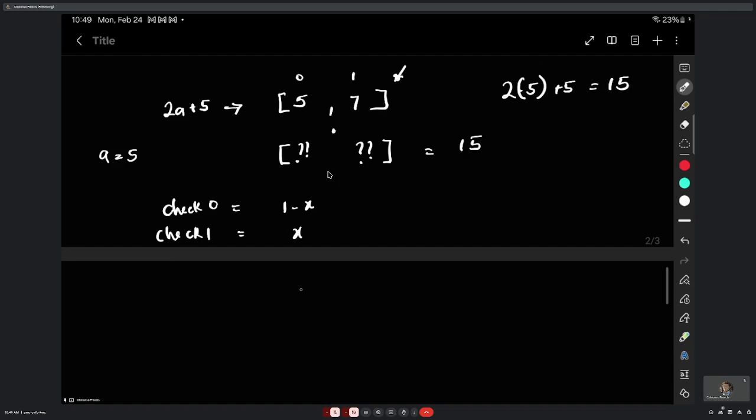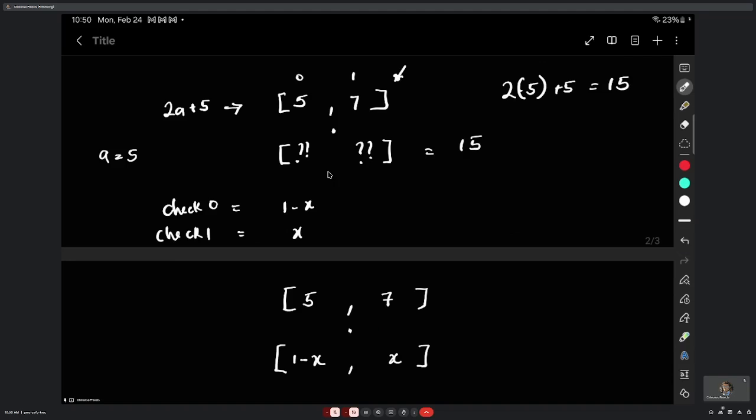Basically, what you're trying to say is that we have 5 and 7, and then we're doing a dot product with check zero and check one, when x is at the value you want to evaluate at. Interesting.